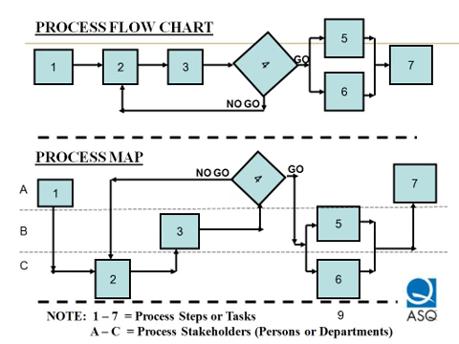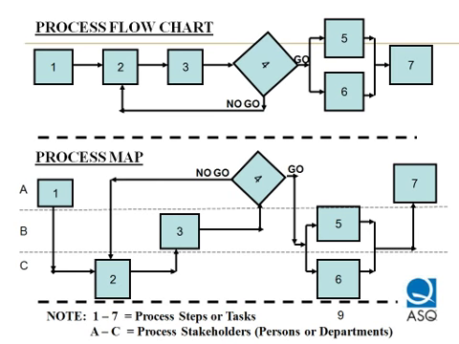Step 1, which you saw in the process flow chart above, is the responsibility of stakeholder A. Then in step 2 the process goes down to stakeholder C, in step 3 it goes up to stakeholder B, and step 4 goes back up to A. And then of course, just as we had in the process flow chart, the no-go decision takes us back to step 2.